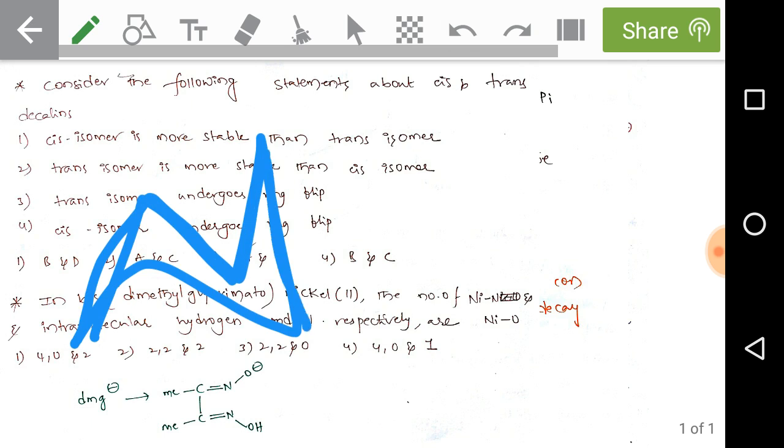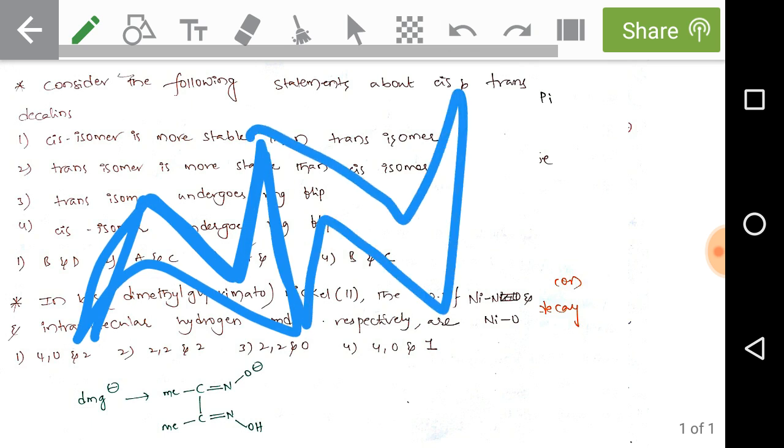So this is a trans decalin. In the trans decalin, we have two axial hydrogens, and there is no possibility of ring flipping because the equatorial bonds are locked in the cyclohexane chair conformations. That's why we cannot flip this trans decalin. So that's why it is stable.